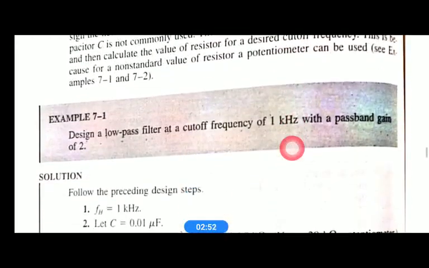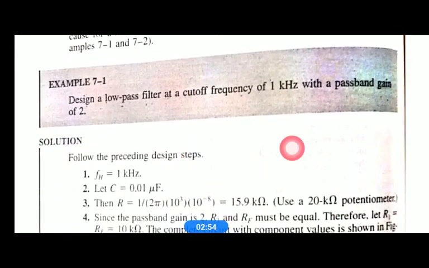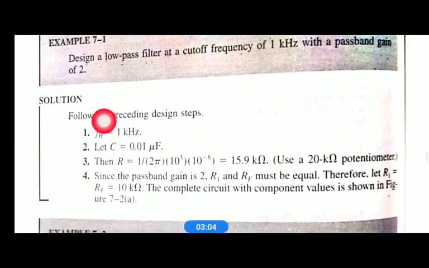So let's see one example here. You can see example 7. Design a low pass filter at a cutoff frequency of 1 kilohertz with passband gain of 2. First we select FH equal to 1 kilohertz. Then we take C equal to 0.01 microfarad, which is less than 1 microfarad.